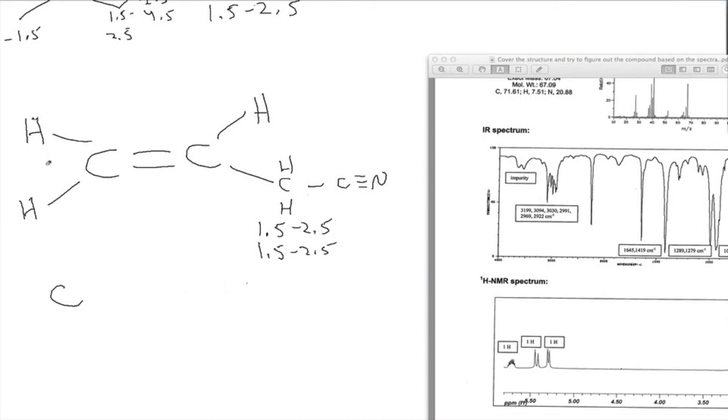So the splitting in an alkene can be difficult to interpret. Fortunately we didn't really need the splitting, but splitting in an alkene can be difficult to interpret because you can be split by the hydrogen on the same carbon as you and 1 carbon away, because of the cis-trans relationships. But fortunately here we didn't really need splitting to figure out the molecule. We could figure everything out just from the integration.